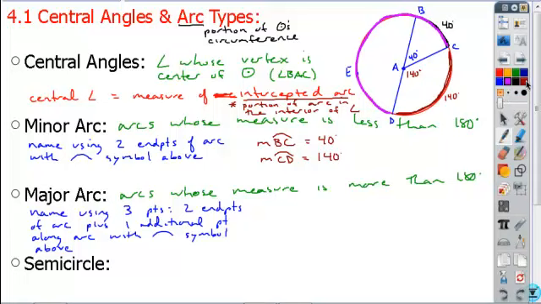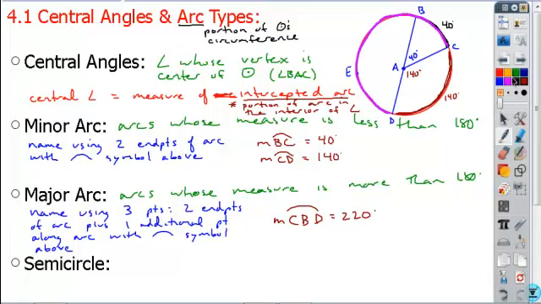When you name this, you would name it with the same endpoints, C and D. However, you need to pick one other point that is contained on this arc as you travel between the endpoints. So B or E, either one of those is fine. If we wanted to measure that arc, CBD, what would its measure be? So 220, we have 180 degrees from D to B, plus an additional 40 degrees to give you the 220.